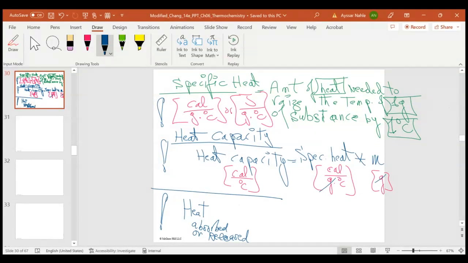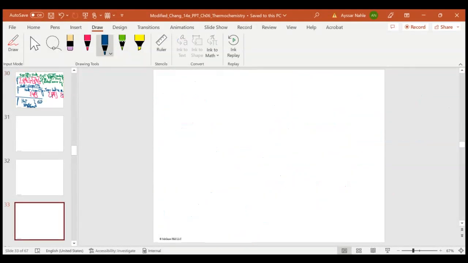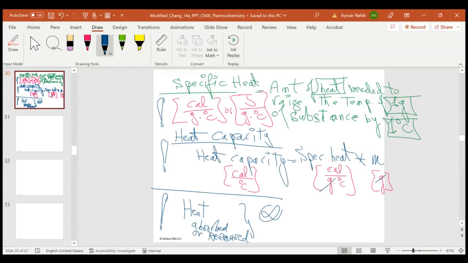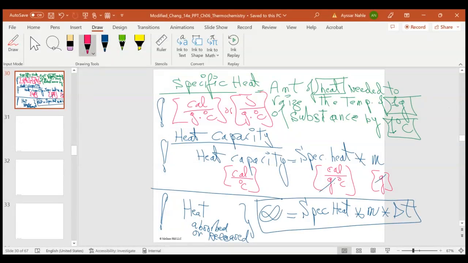Now, the heat absorbed or released, I will give it a symbol of Q. Could be calories, could be joules, could be anything. And you have to memorize this equation: Q is always equal to the specific heat multiplied by mass multiplied by delta T. Okay, so that's the Q there. Now, if I want to play a little bit with this equation, the unit of specific heat here is calories per gram per degree Celsius.